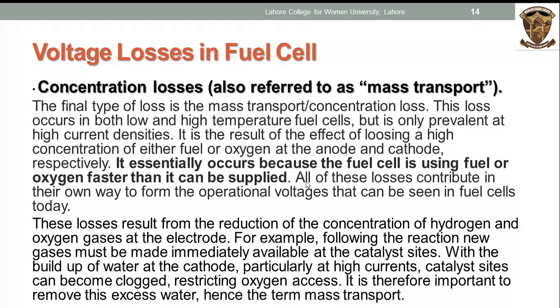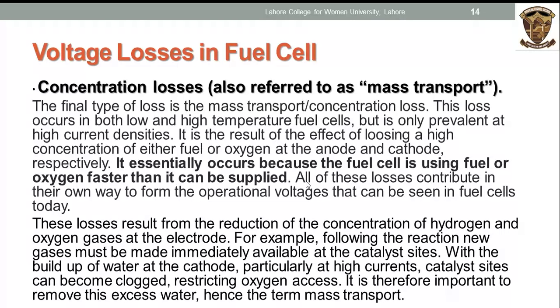These losses result from the reduction of the concentration of hydrogen and oxygen gases at the electrode. For example, following the reaction, new gases must be made immediately available at the catalyst sites. With the buildup of water at the cathode, particularly at high currents, catalyst sites can become clogged, restricting oxygen access.